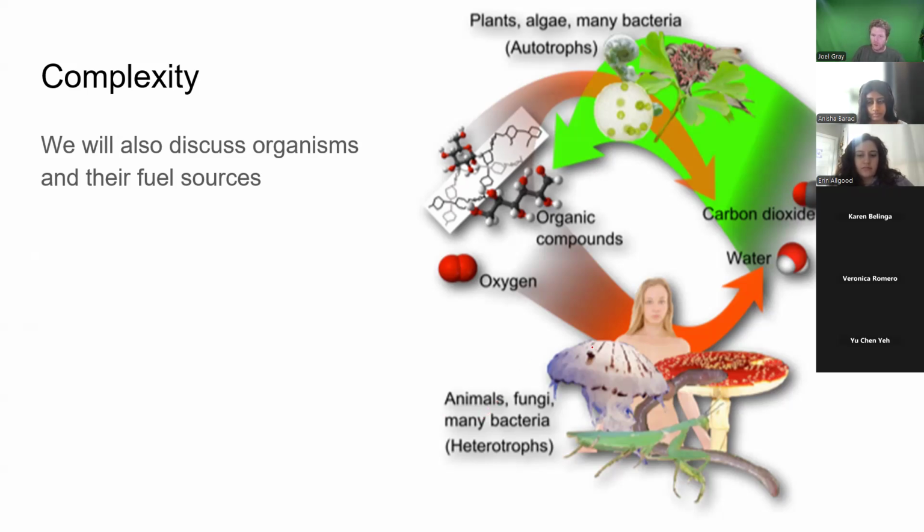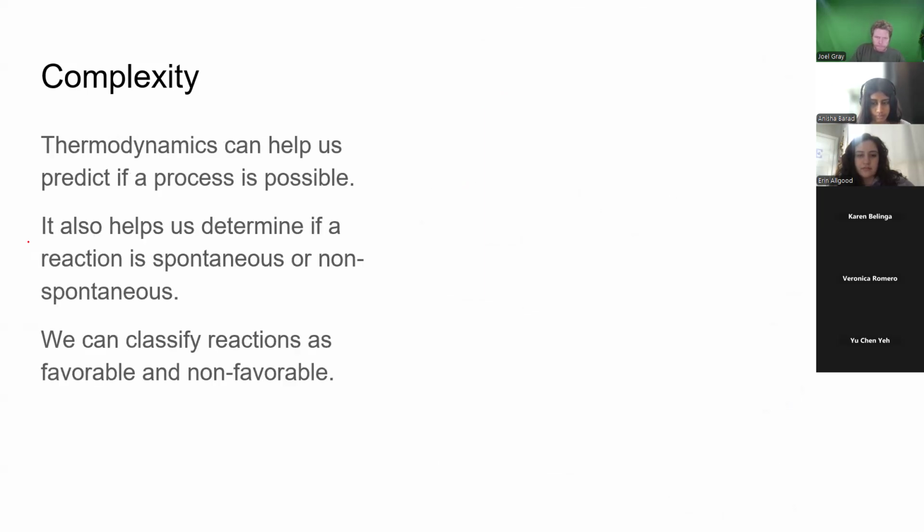Fungi and bacteria do that. Those are your heterotrophs. Then plants, algae, and many different bacteria are autotrophs, where they use carbon dioxide to synthesize organic compounds, which they can then subsequently break down to make water and carbon dioxide. Then this is an important thing to remember.